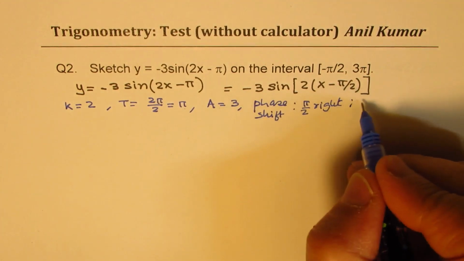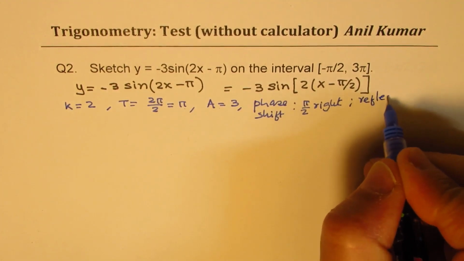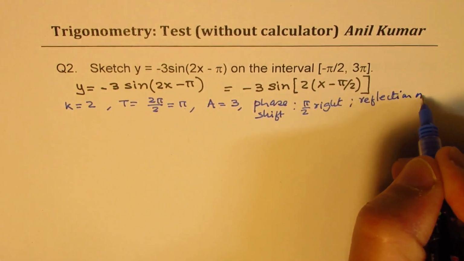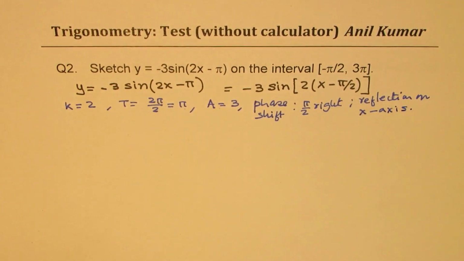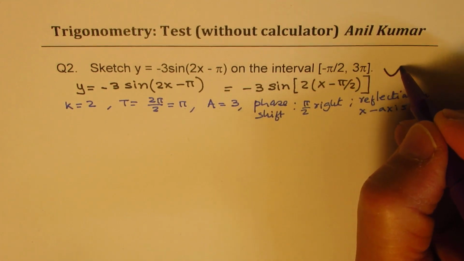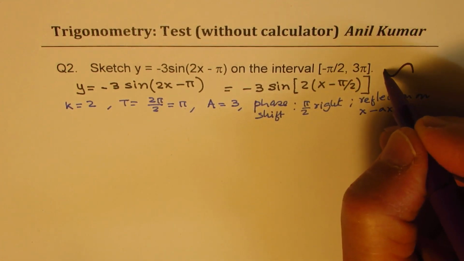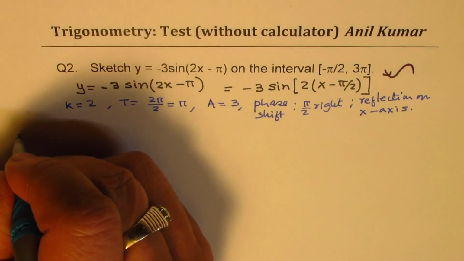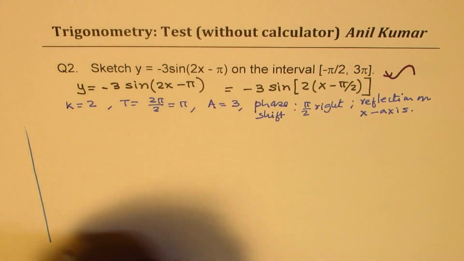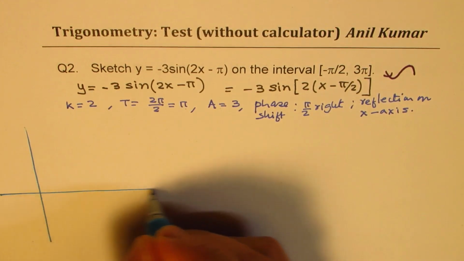So we have that minus is reflection on x-axis. That is to say that the graph will actually go like this. Do you see that? So it will go towards downwards. That is how the graph is going to be. Now I'm going to sketch this function in 2 steps. So let me just take this up here.